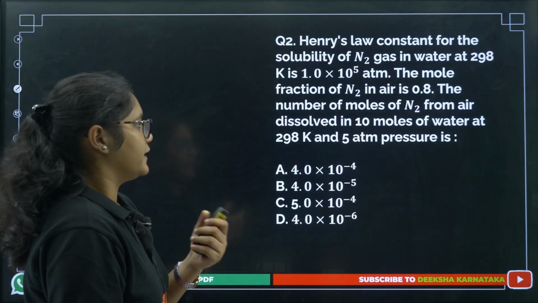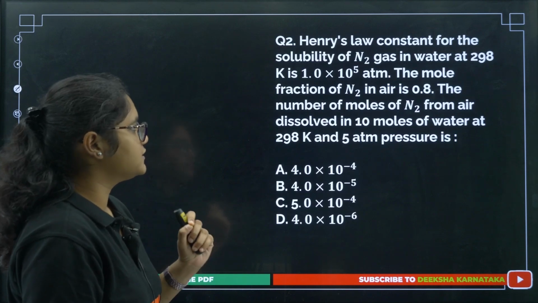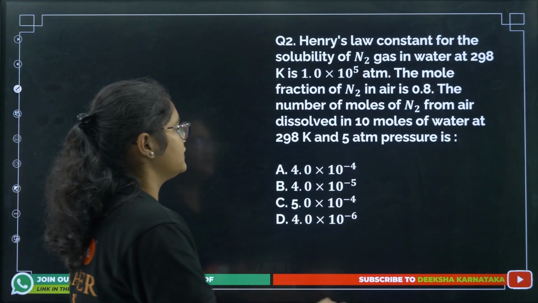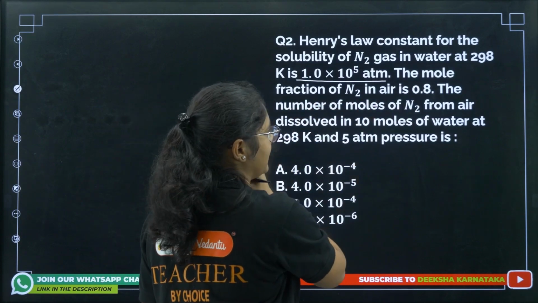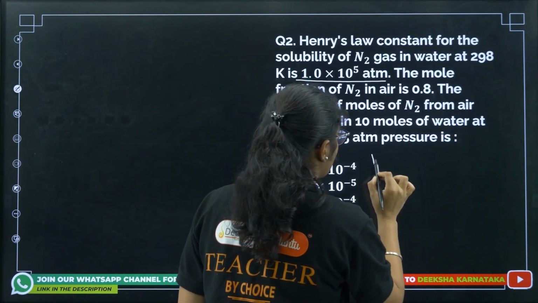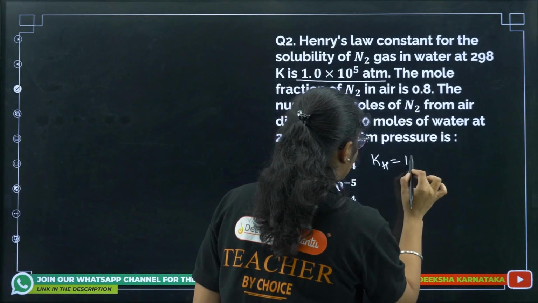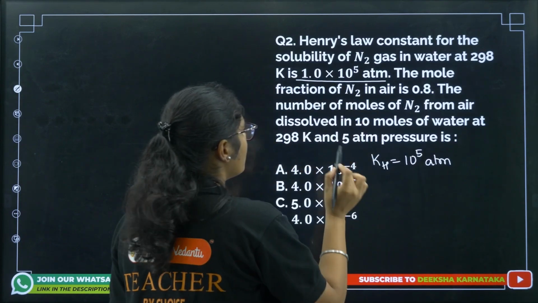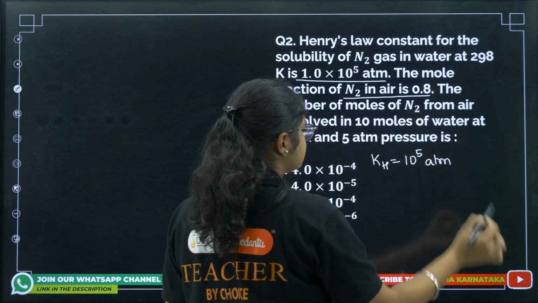Okay, next, Henry's law constant for the solubility of N2 gas in water at 298 Kelvin is 1 into 10 to the power of 5 atm. Okay, Henry's law constant is given to us, that is 10 to the power of 5 atm. Next, the mole fraction of N2 in air is 0.8.